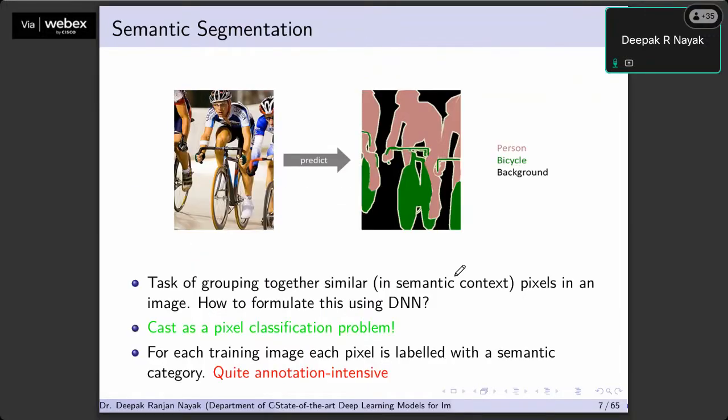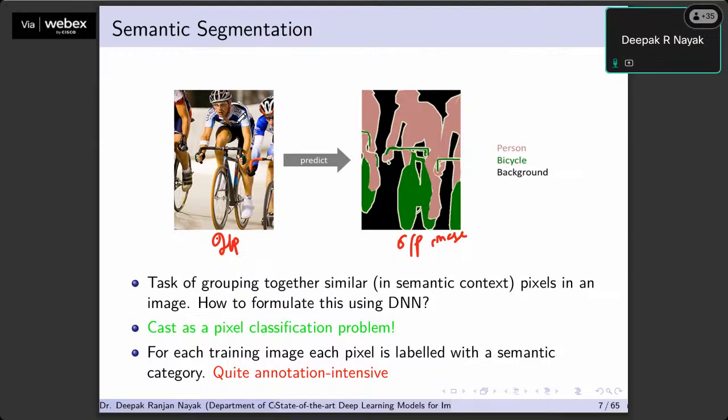Let us now try to define what we mean by semantic segmentation and why we prefer convolutional neural networks or deep neural networks, especially over the traditional segmentation algorithms we have. So this is, let's say, an input image, and this is the output segmented image. In this case, I want to only highlight the objects.